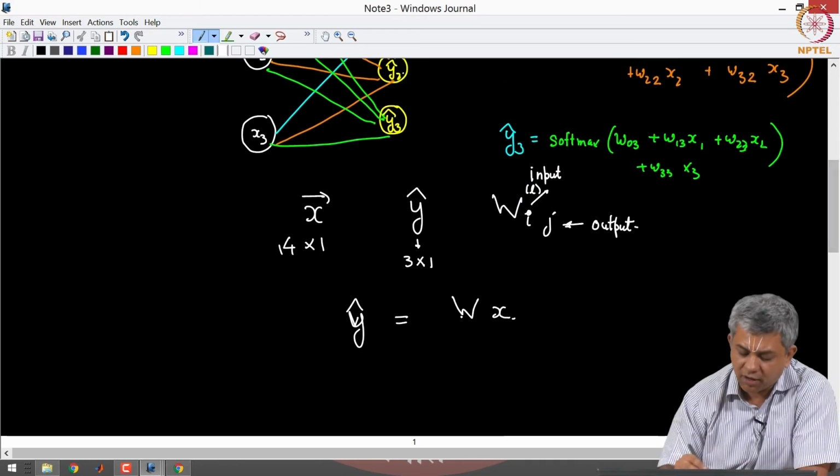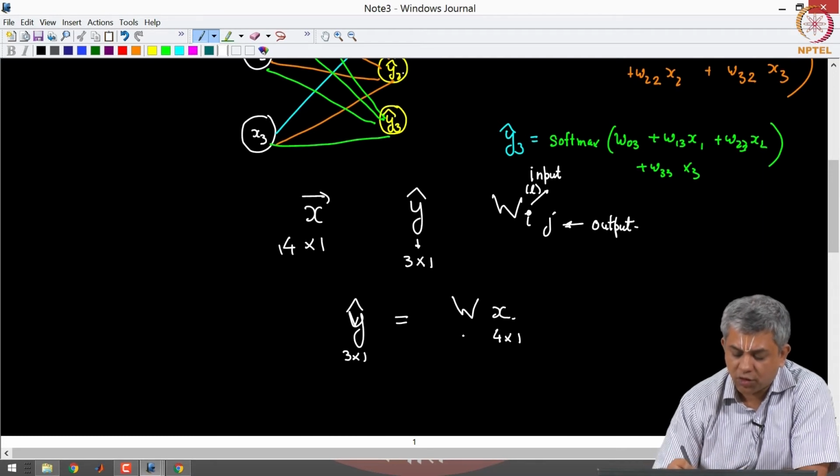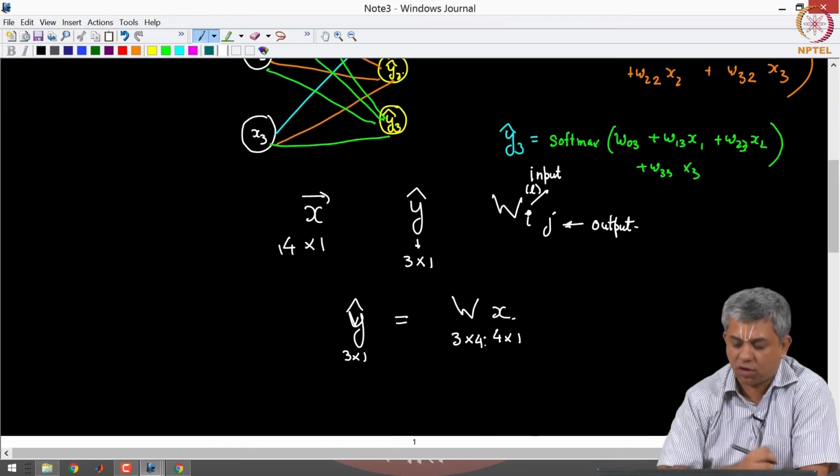So, you can write y hat as w x, x will be 4 cross 1, y will be 3 cross 1. So, if you want an appropriate w, please imagine what w should be. This should be 3 cross 4.